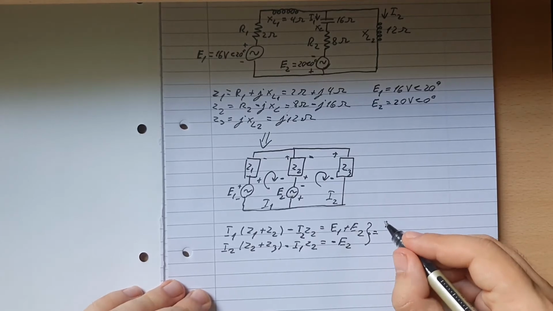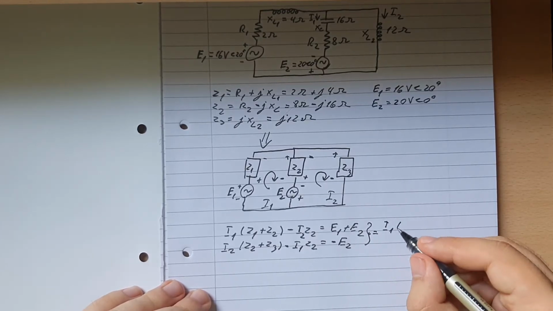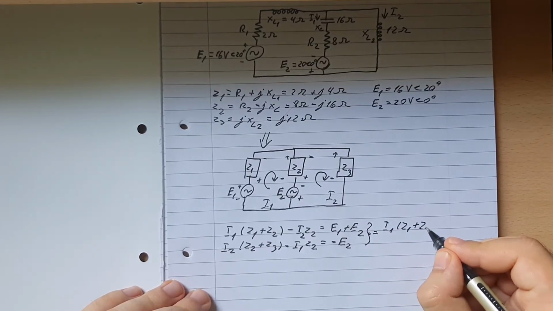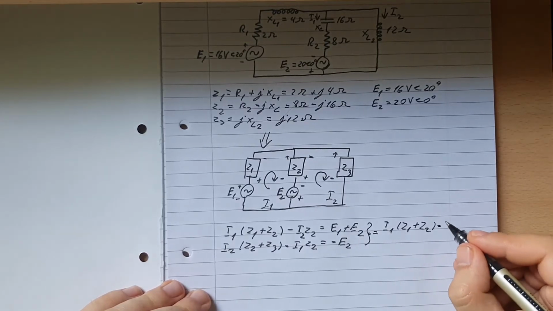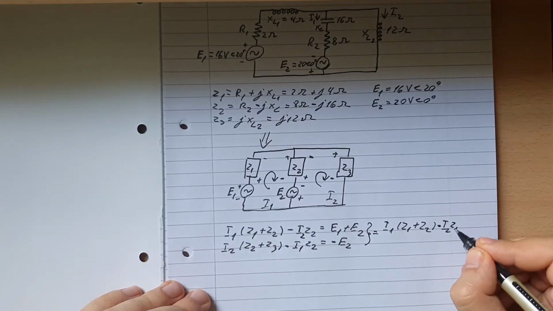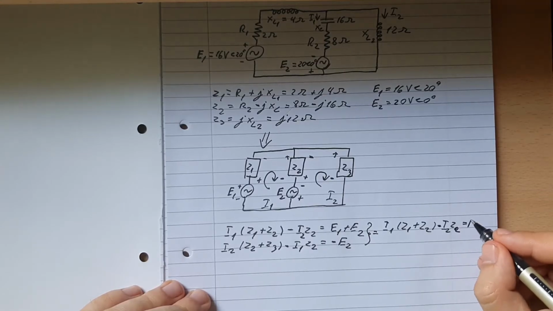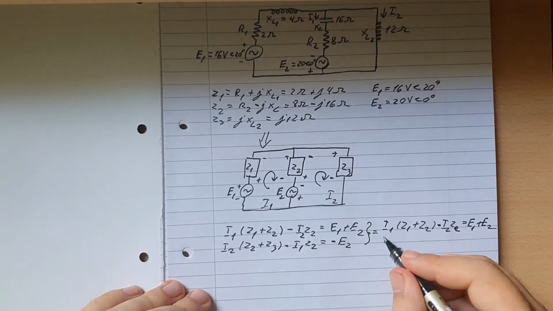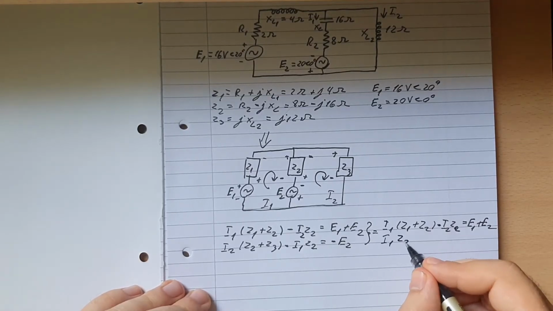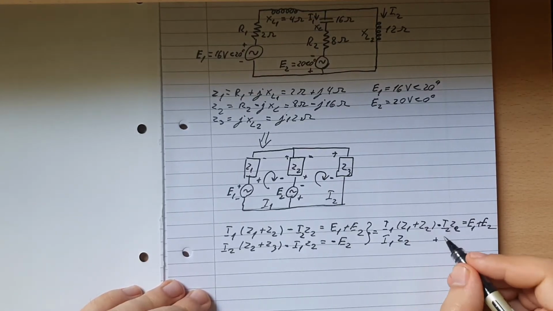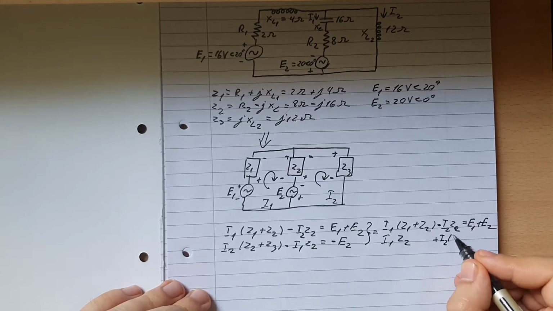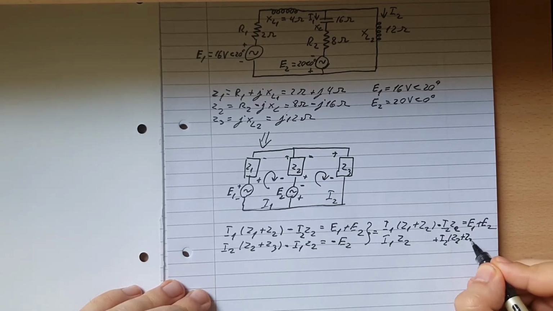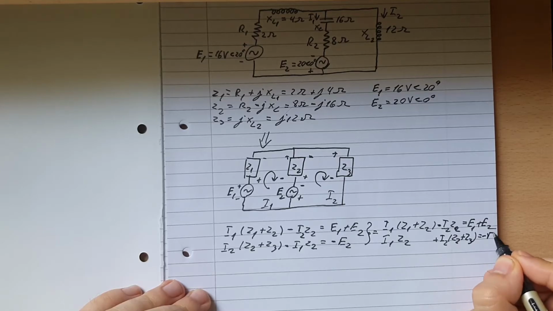We can write it as I1 times Z1 plus Z2, minus I2 Z2, equal to E1 plus E2, and then this one I1 Z2, plus I2 times Z2 plus Z3, equal to minus E2.